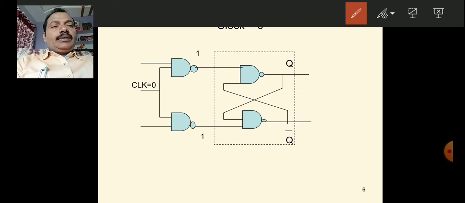Because the NAND gate output is 1 here and 1 here, you can't determine the output of the NAND gate because the other input also must be known. Without knowing this input, you can't determine the output of this NAND gate, and without knowing this input, you can't determine the output of this NAND gate. That is the problem here.